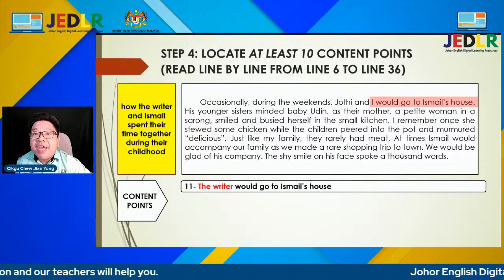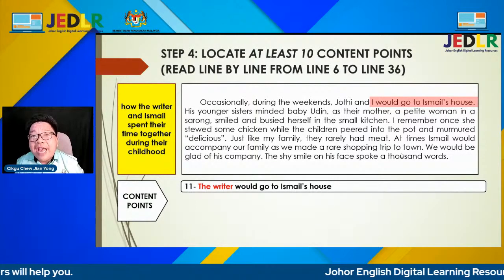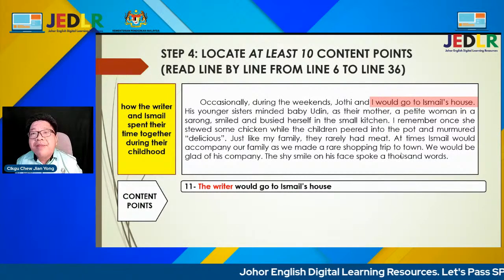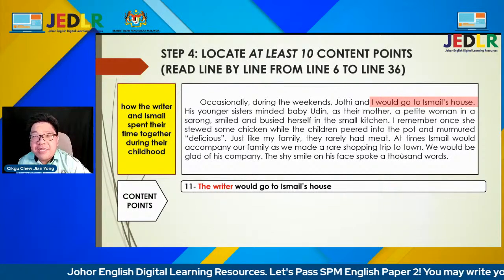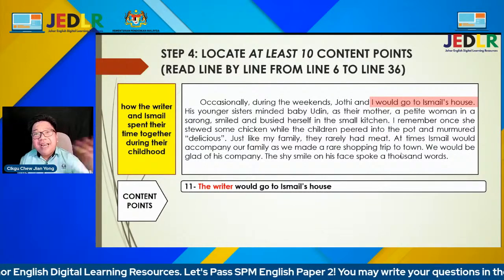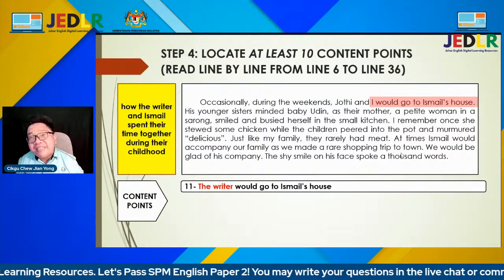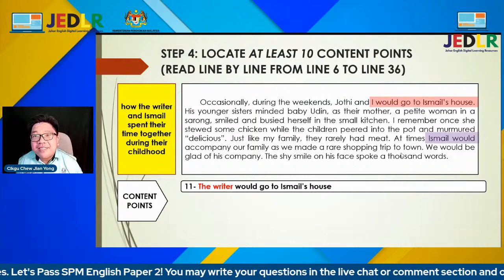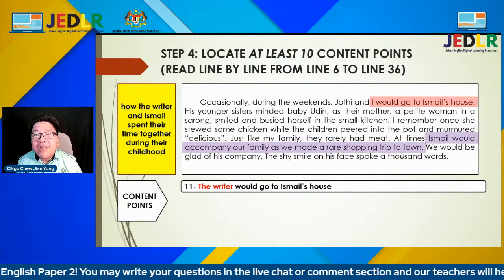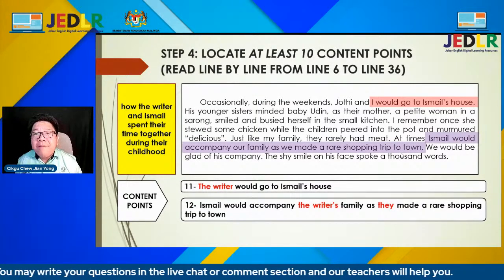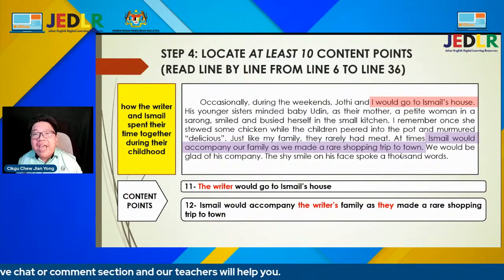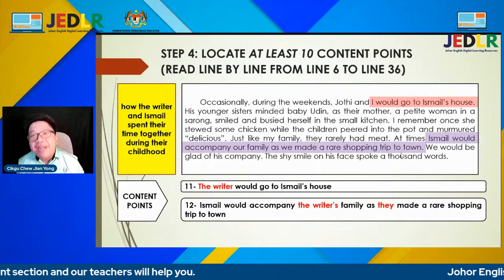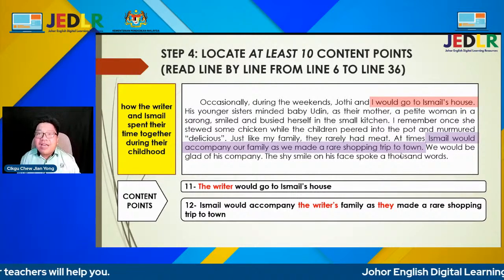At times, Ismail would accompany our family as we made a rare shopping trip to town. Ismail akan teman keluarga kami bila kita pergi shopping. Is that how the writer and Ismail spend their time together? Yes. So this is your last content point, point number 12. Remember, you have to change our family to the writer's family, and you have to change to they made a rare shopping trip to town.